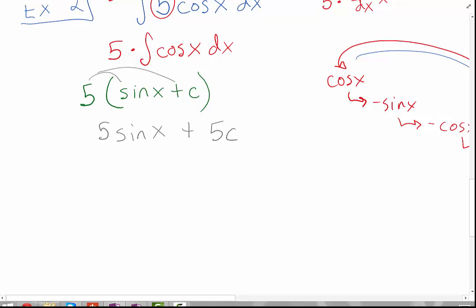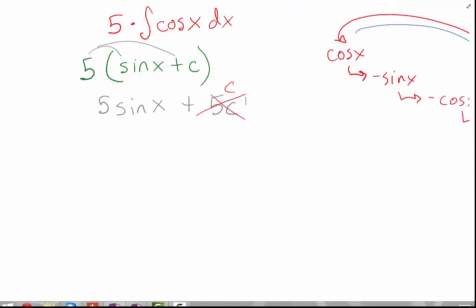If it was 10, the constant's now 50. But at the end of the day, it's still a constant. So we don't write 5c, we just write c still. You could call it c prime. This c over here is different than that c, but at the end, it's still a constant. So our solution will be 5 sine x plus c.